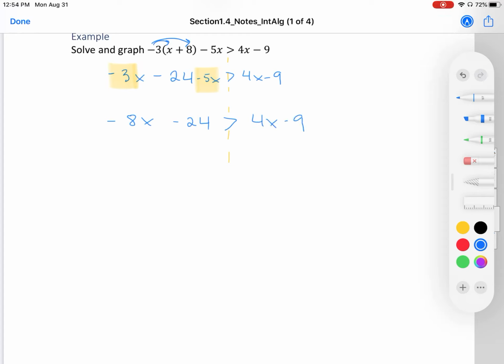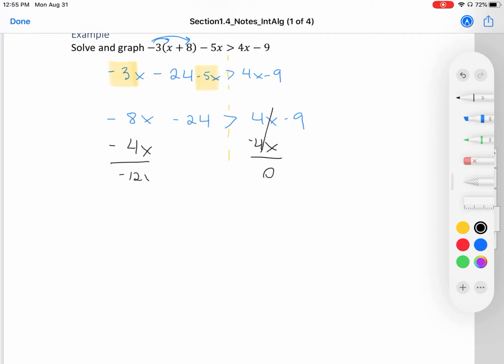Okay, let's get our x's and our non-x's together. So let's go ahead and subtract 4x, minus 4x, minus 4x. That's gone, it makes 0. Negative 8x minus 4x gives me negative 12x. So that we have negative 12x minus 24 is greater than negative 9.